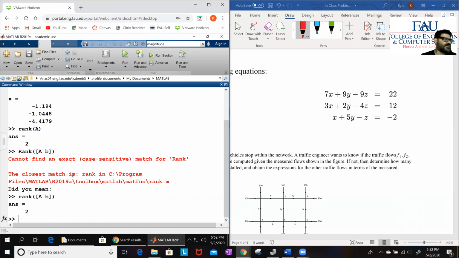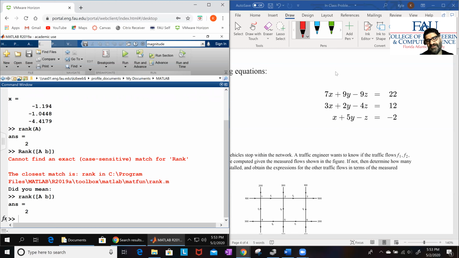So the rank A is equal to rank of AB. But if you notice here, the ranks are equal, but they're less than the number of variables. Remember, we have x and y and z, and when the rank is less than the number of variables, you have, in this case, an infinite number of solutions.